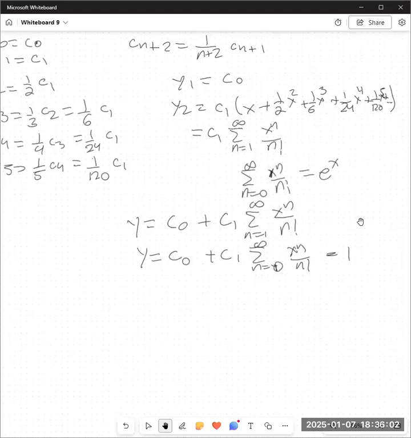And so that's going to be C0 minus 1, which is still a generic constant.